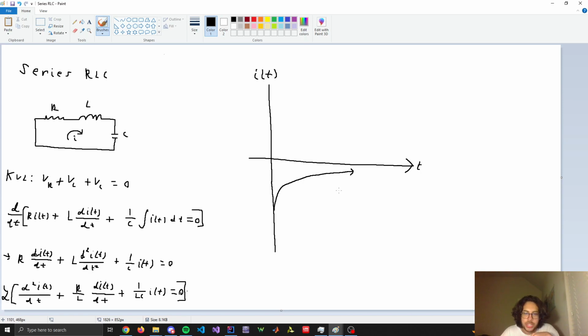This will eventually go to 0, but it takes a really long time to get there. And then the next case is critically damped, which looks something like this. And critically damped reaches 0 without oscillation at the shortest possible time.